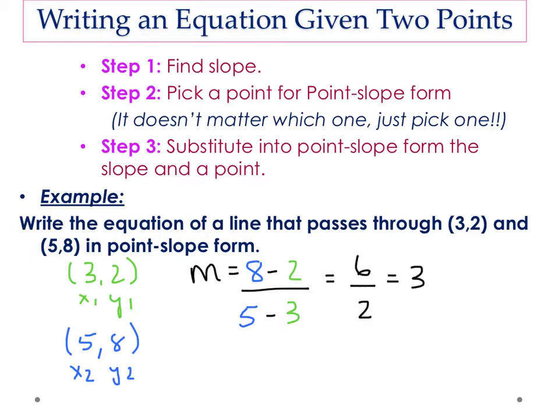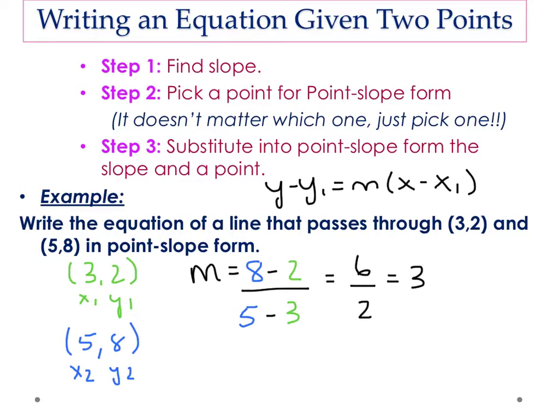So I'm going to go ahead and plug right into point slope formula, which remember is y minus y1 equals m times x minus x1. And I can pick any of these points over here. I can pick either one. I'm going to show you what both of them would look like.